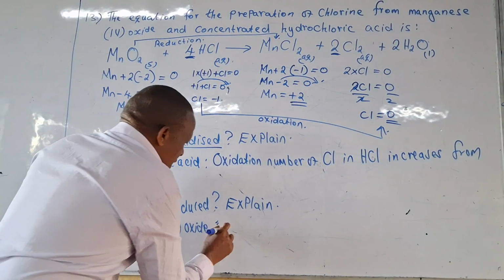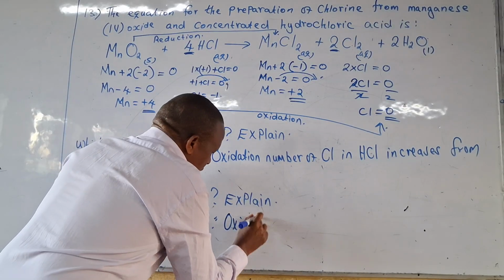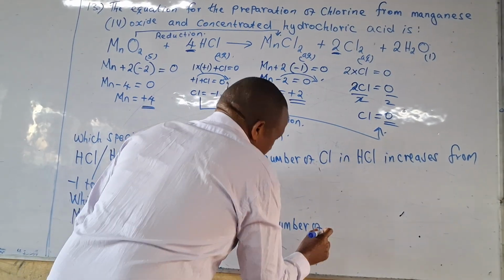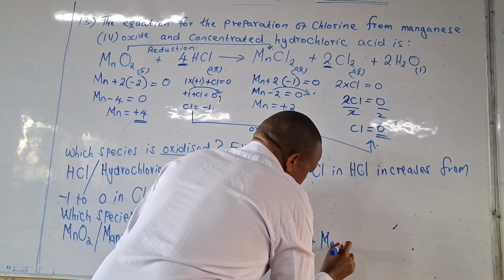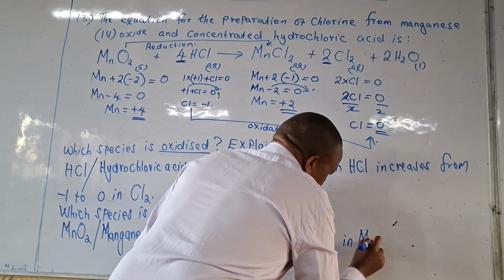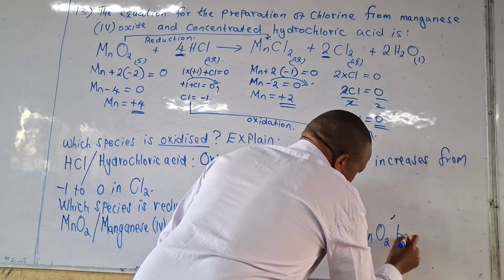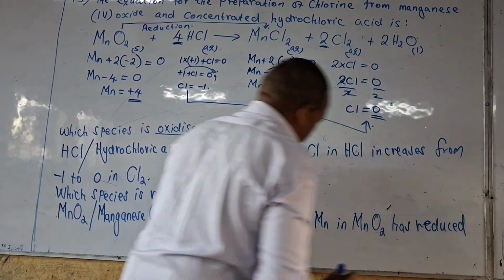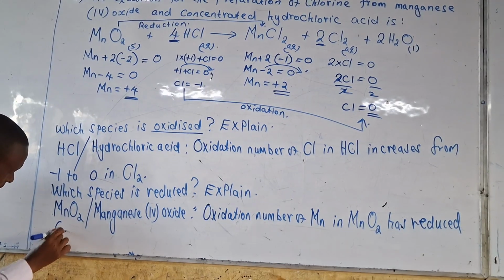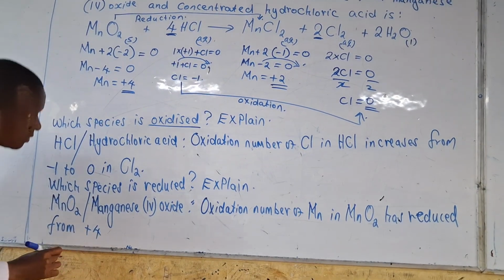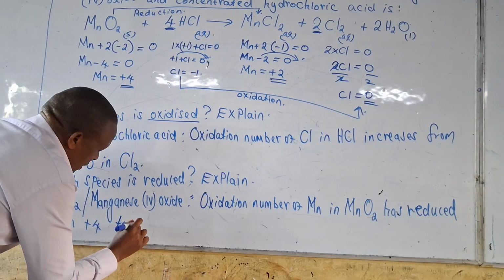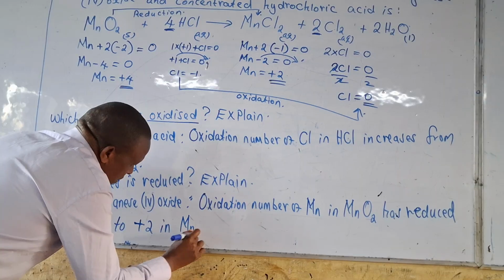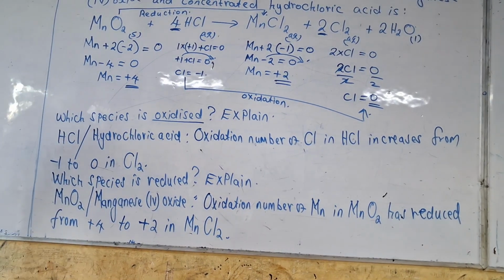So you say the oxidation number of manganese in manganese(IV) oxide has reduced from +4 to +2 in manganese chloride. That is now the explanation.